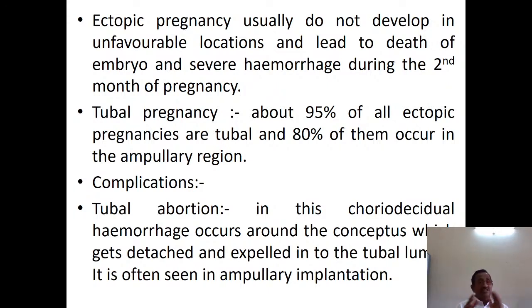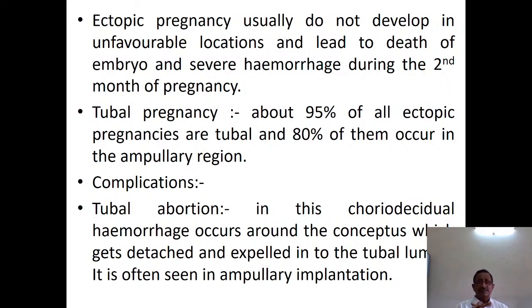Because of the less amount of nutrition, the embryo is going to die in the second month of pregnancy. And once it has died, there is a severe hemorrhage occurring because of the death of this embryo.